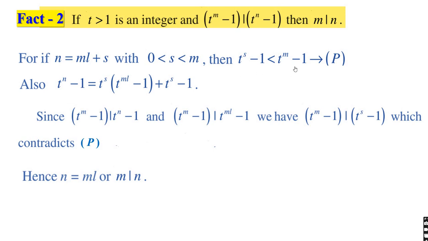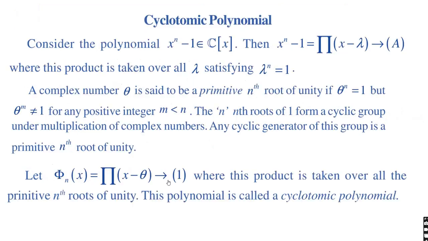So that contradicts p. So that contradiction tells us that this s can only be 0. Therefore n equals ml, or in other words m divides n. So whenever we have this to be true with t greater than 1 to be an integer, then your m must divide n. This we shall name as fact 2.